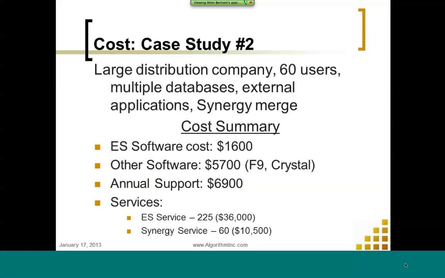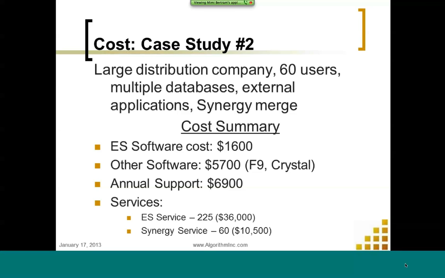The second one we looked at is a very large distribution company, 60 users, 3 or 4 different companies, multiple databases, and lots of external applications. They were using Synergy, so we had to merge it. I will say in this particular case, this company had in-house IT. They had an amazing IT group.